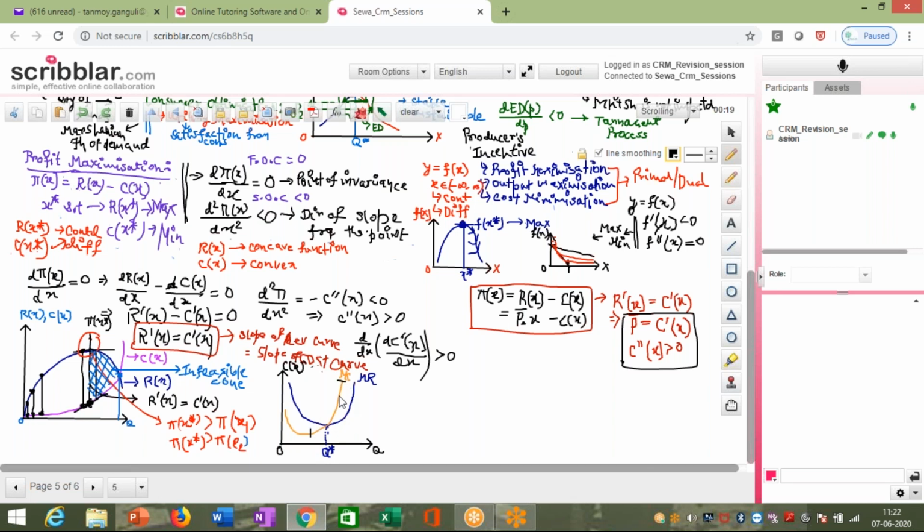If I chalk this part out, this is the part where the marginal cost curve is increasing. Now, let's say I have the P bar such that P bar equals the marginal cost curve over here.